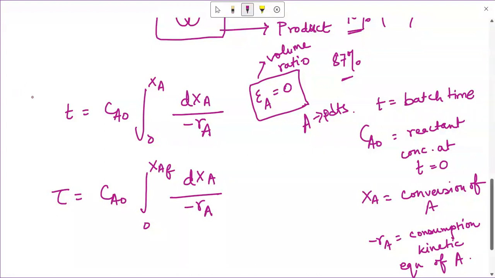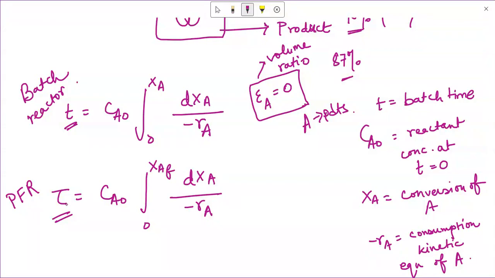This expression is for the batch reactor, and this is for a plug flow reactor or PFR. The t over here is the batch time, and this tau over here is the space time, that is the time required to process one volume of the reacting fluid.